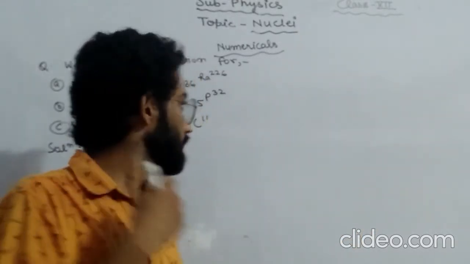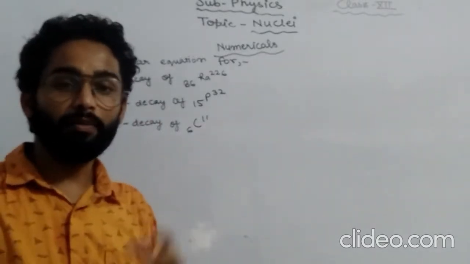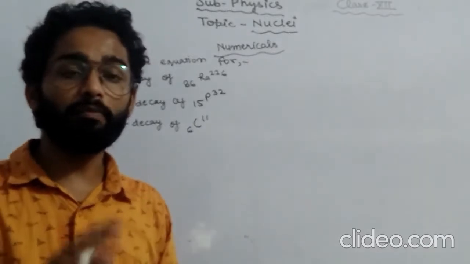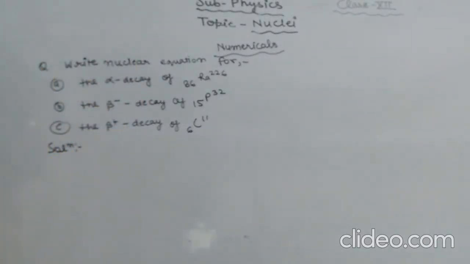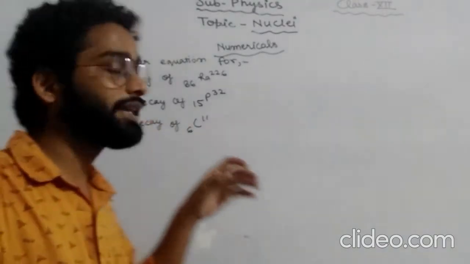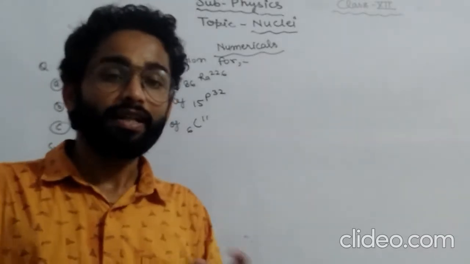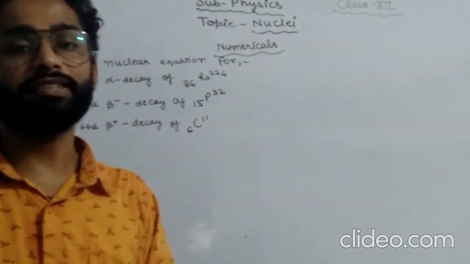And when a beta negative particle is taken out from a radioactive element, then atomic number is increased by 1 and atomic mass has no effect. And when a beta positive particle is to be taken out, then the atomic number is decreased by 1 and atomic mass remains the same.